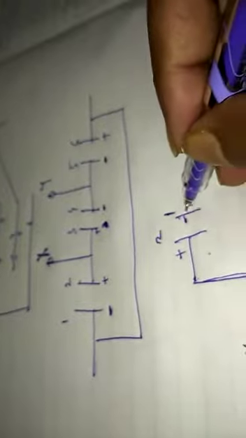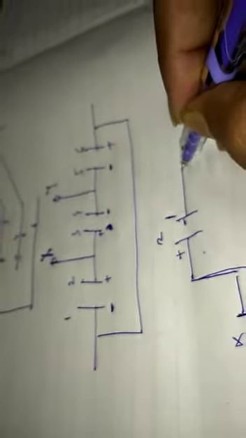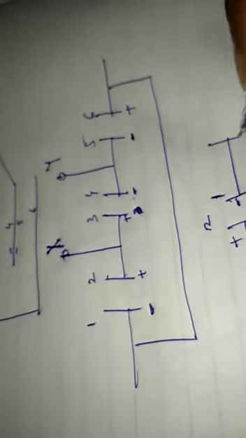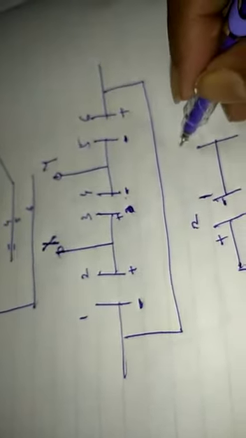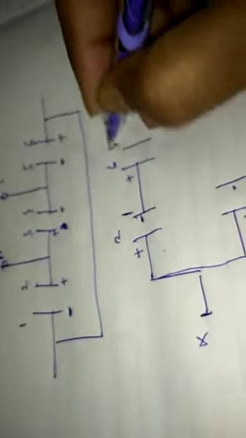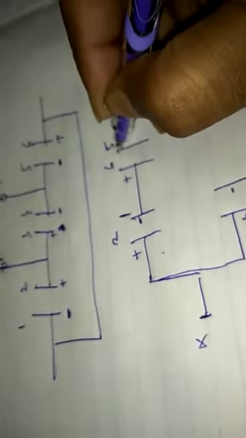So 1 is joined with 6, you can see here clearly, and it has positive. Opposite to 6 there is 5, and it has to be negative.